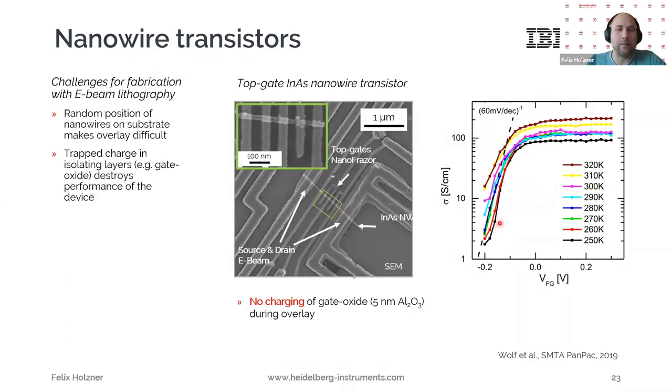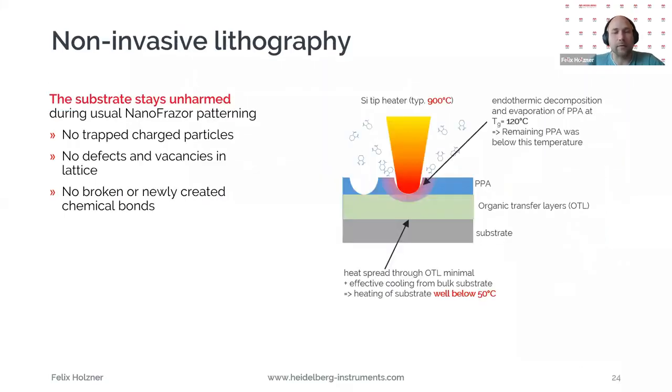And here the first device we made was outperforming all the devices they made before. And that was for us really a point where we said, hey, that's a really big advantage for many sensitive devices. And indeed, this is now one of the key selling points, I would say, for our technique. And we call this non-invasive lithography.